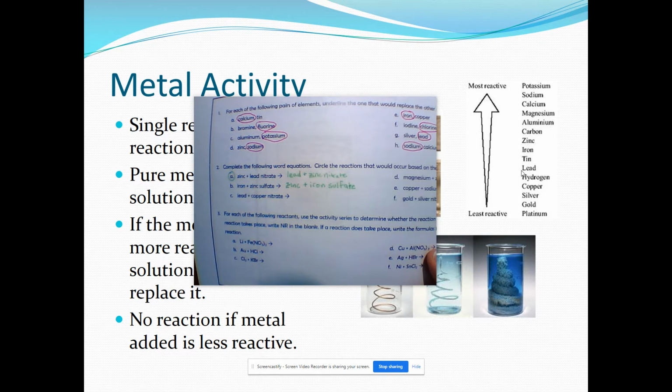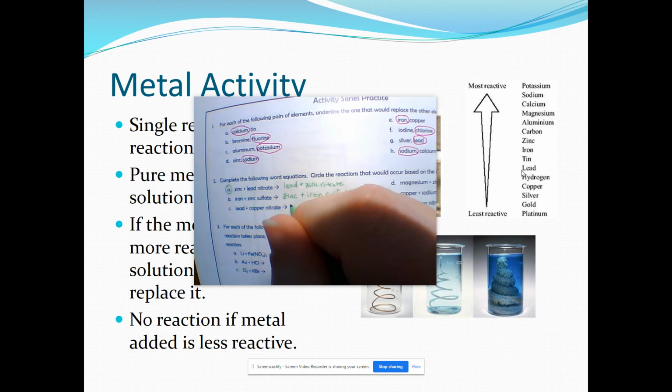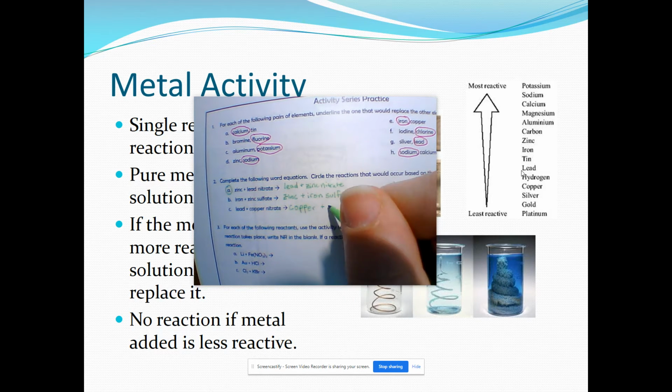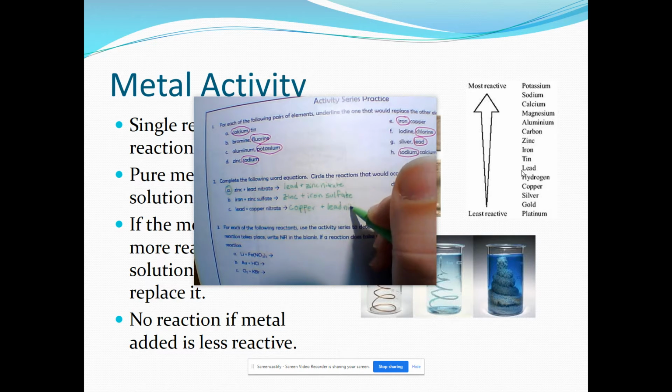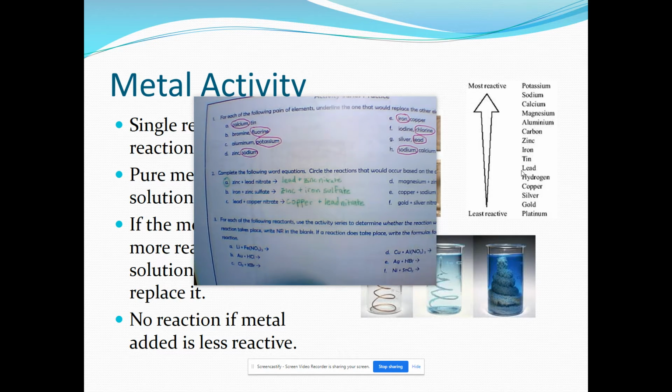Okay. Next one, lead and copper nitrate. So again, copper and lead will switch places. So we're going to end up with copper and lead nitrate. So if we look on our activity series, we see that copper is down here and lead is up here.